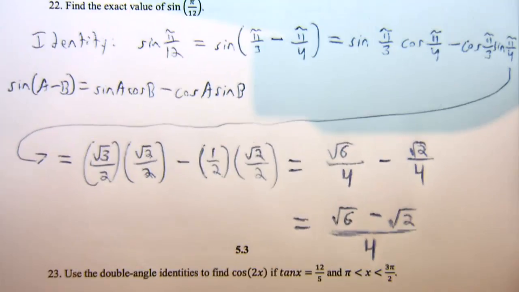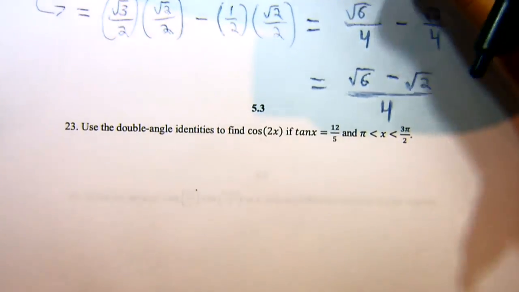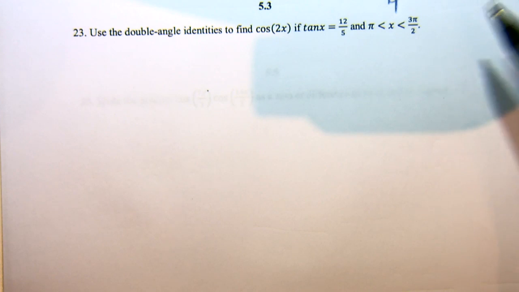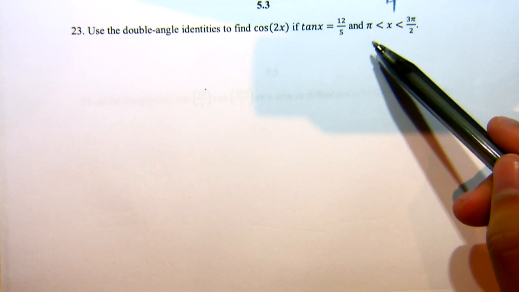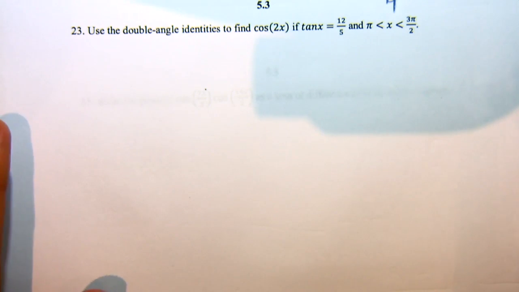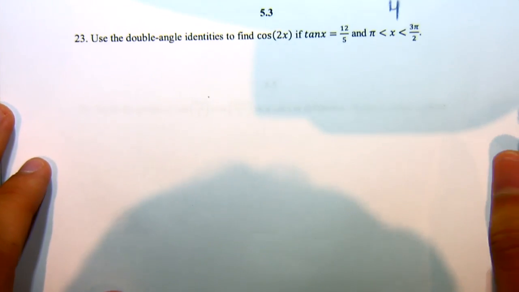Sorry about that. Alright, so let's move on to question 23. Use a double angle identity to find cosine 2x if tangent of x is equal to 12 over 5 in the interval of pi to 3 pi over 2. So in this one, let's first determine the identity we need to be using.